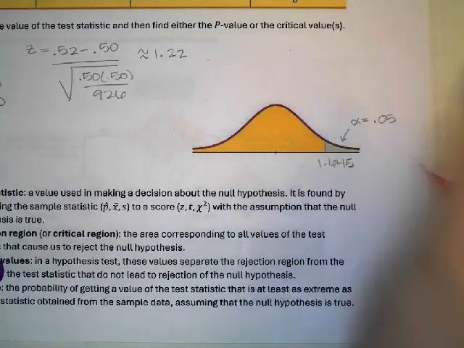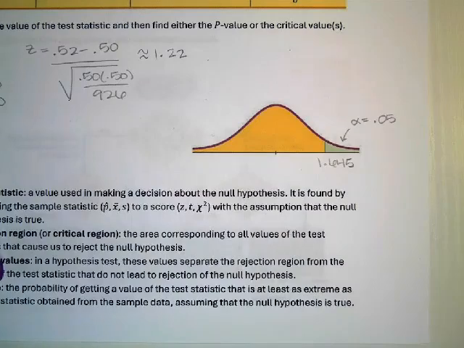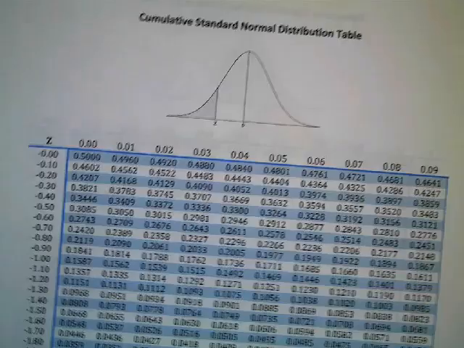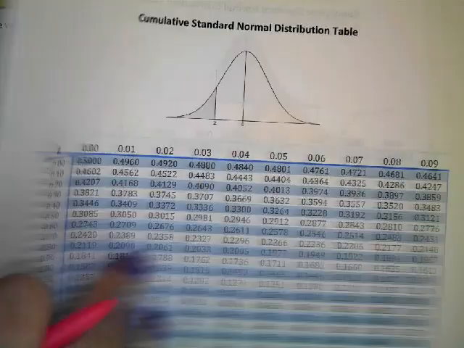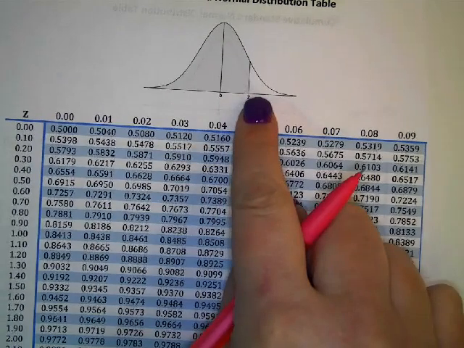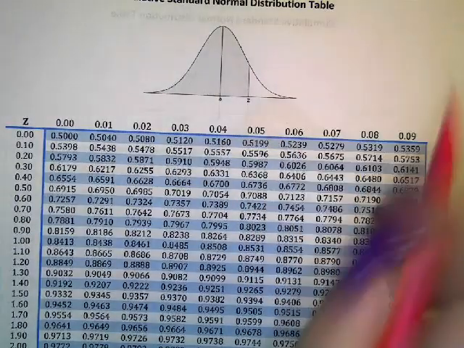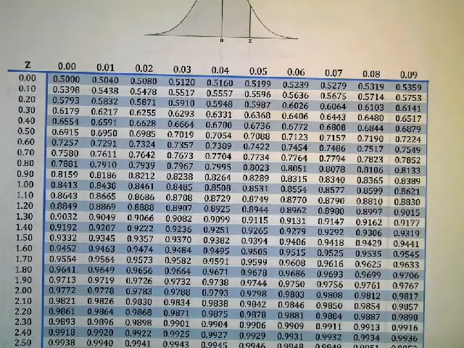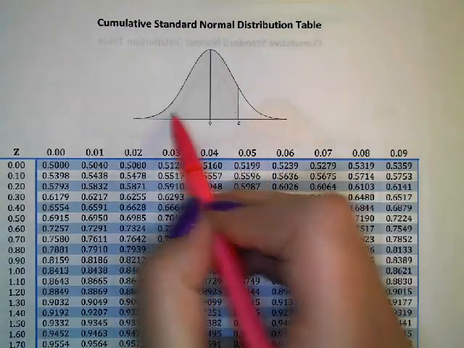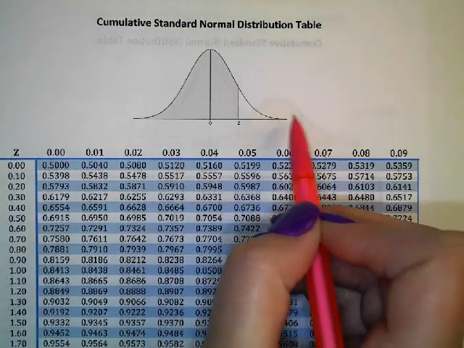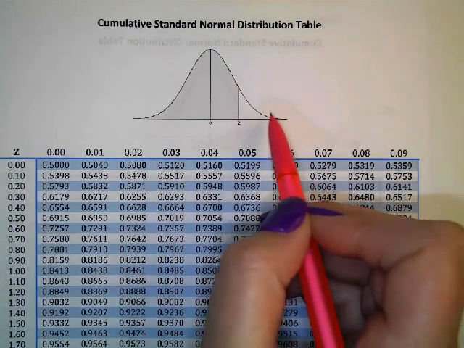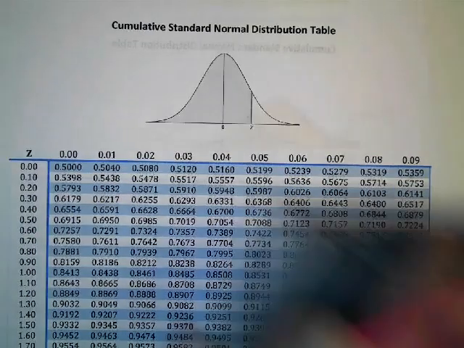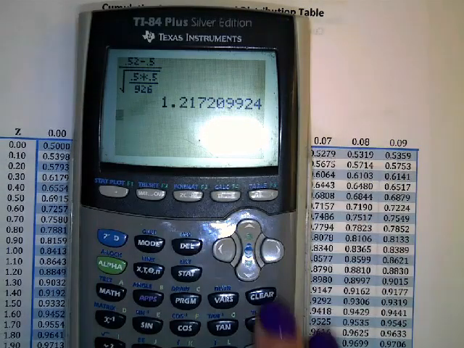So if I have an alpha of 0.05, that's over here. I know that the area is measured from the left instead of measured from the right. So if my alpha is 0.05, then what I'm actually going to be looking for is 1 minus 0.05.